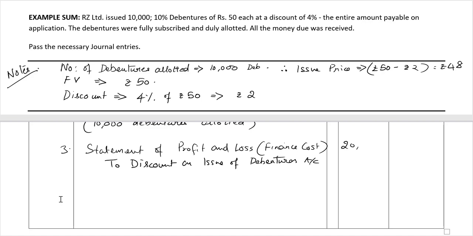The amount of discount written off 20,000 rupees. For discount on issue of debentures written off.